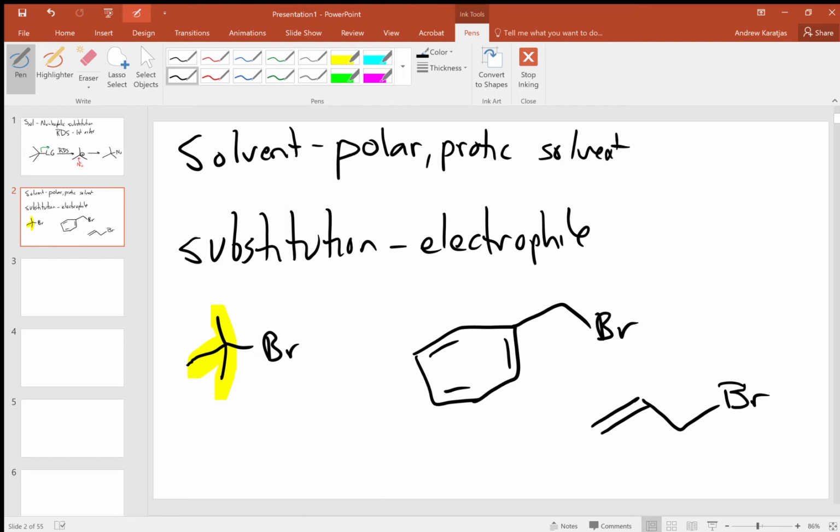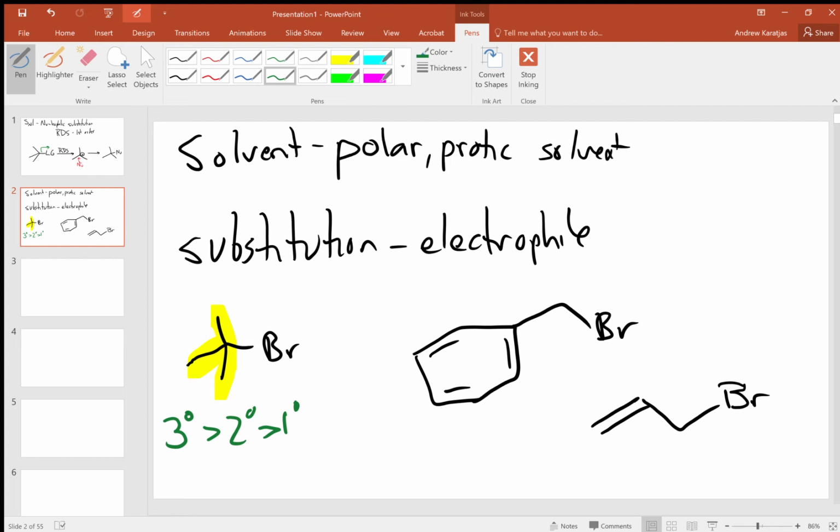The tert-butyl, the first example, helps very much through inductive stabilization. And so, unless resonance is involved, generally tertiary is better than secondary, better than primary.